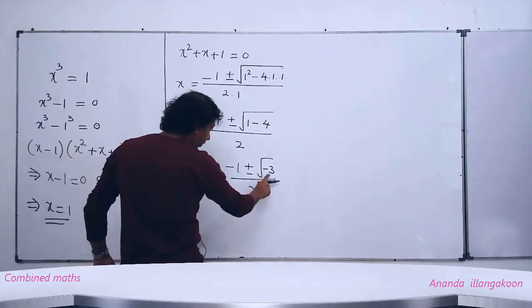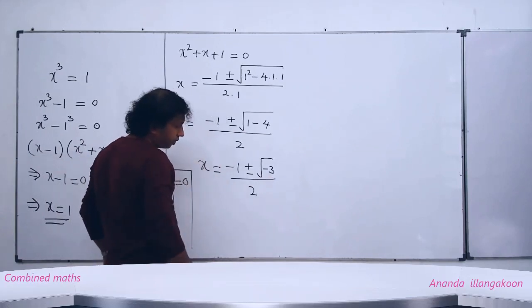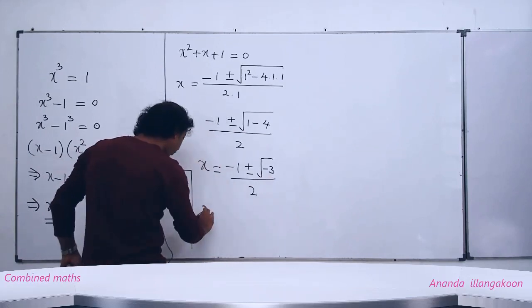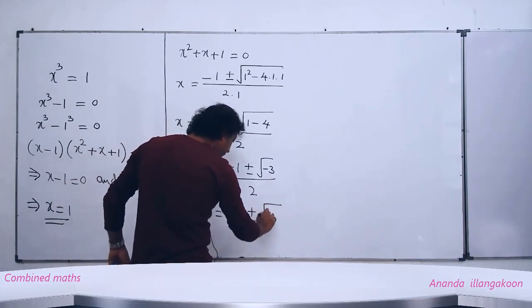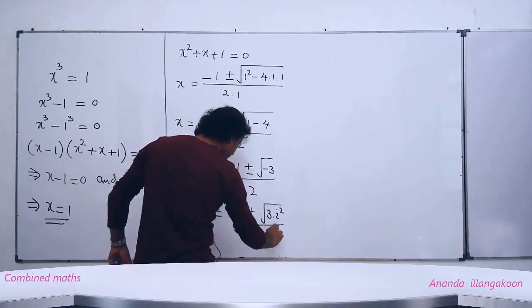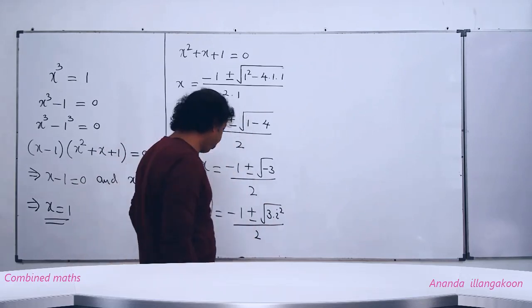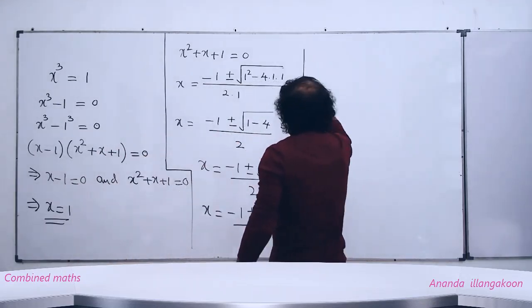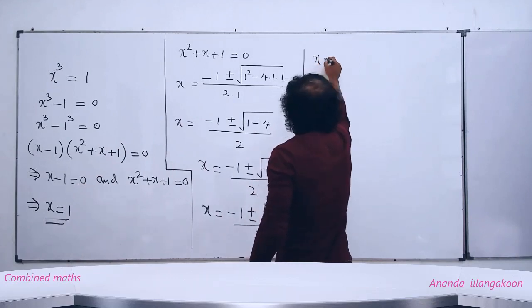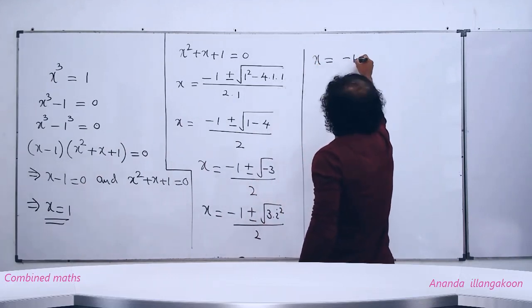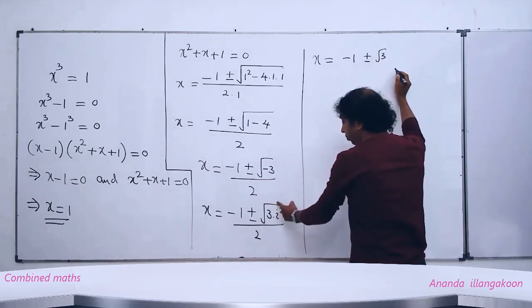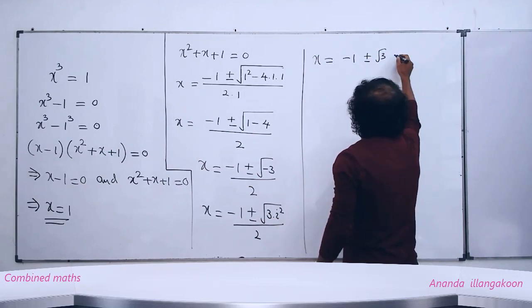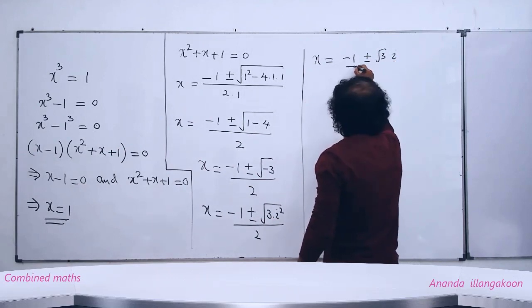Now I can write this like this: 3 times i squared divided by 2. Then you get x equals minus 1 plus or minus root 3, I take root of this and root of i squared, divided by 2.